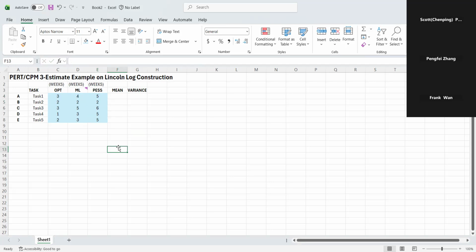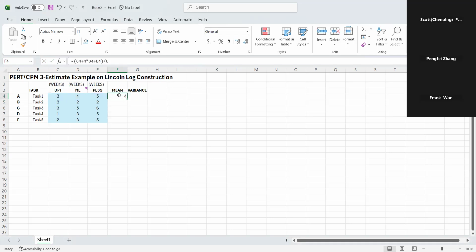So we're going to use the formula introduced earlier to figure out the mean and the variance. Look here. The mean is going to be optimistic plus 4 times most likely plus pessimistic, and then you divide it by 6.